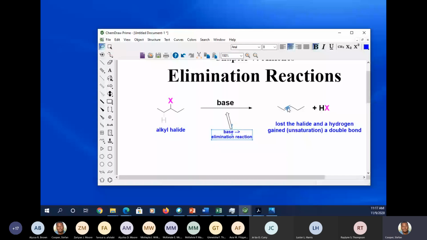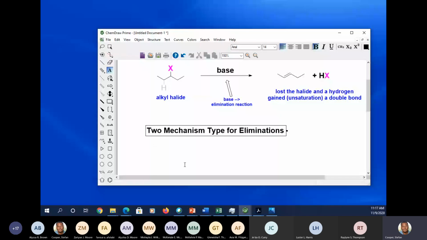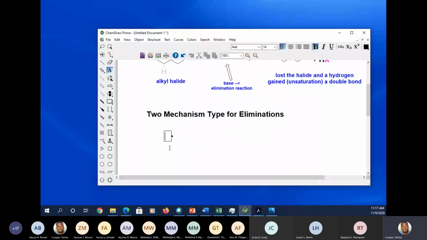Conveniently, eliminations can occur in two ways. There are two ways to do elimination, or two mechanism types, I guess you would say. The first type is known as the E2 type.